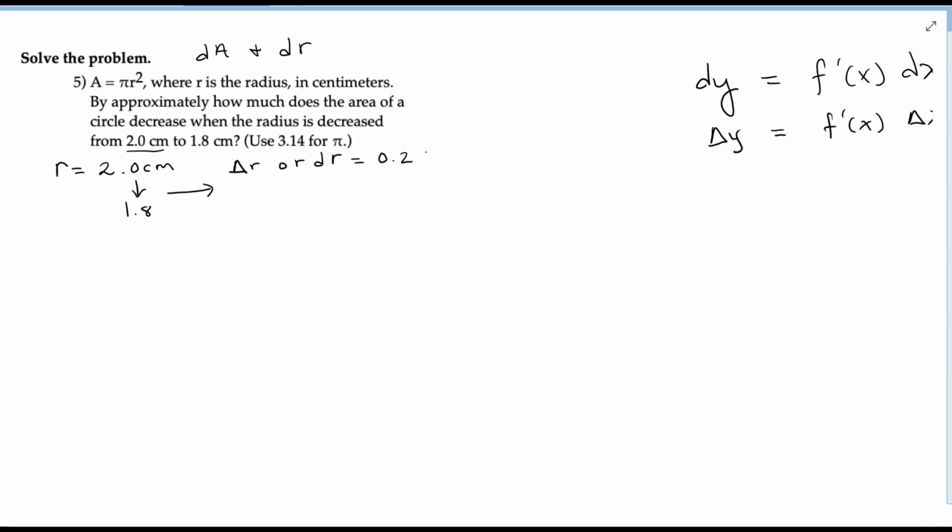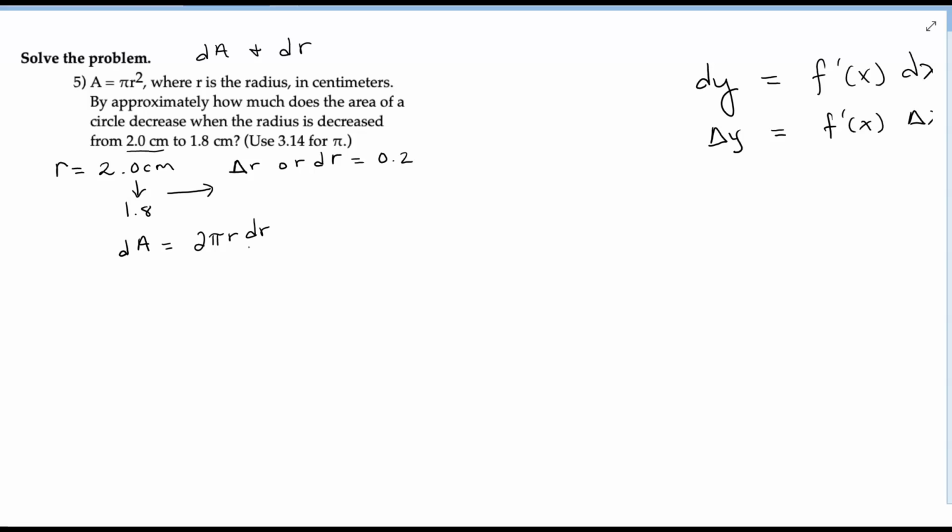So the derivative of A is what we're just going to call dA, or delta A. And then of course r is the variable, so we're going to say 2 pi r dr. This should be very reminiscent of implicit differentiation, or a related rate. That's why this probably came right after that section in your textbook.